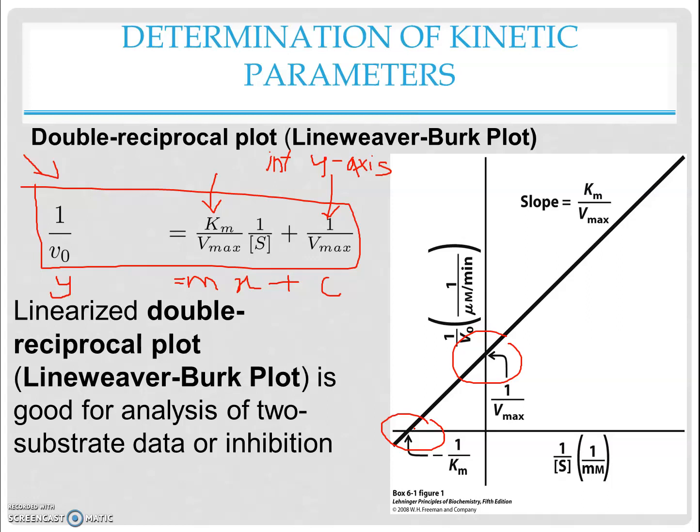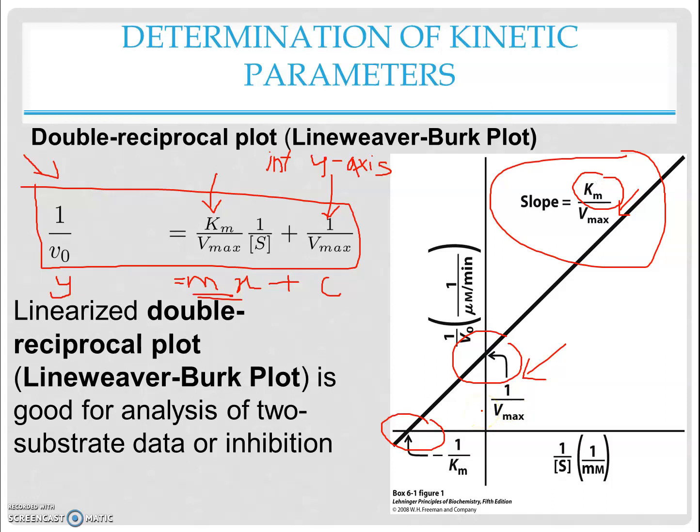But if you are using Excel, then you can use the slope value from the linear line equation. If you plot a trend line, it will give you the equation of a linear line. Then the slope value, which is m, you equate with Km over Vmax, in which you already have the Vmax value from the interception at the y-axis. Substitute, and then you can determine the Km value.